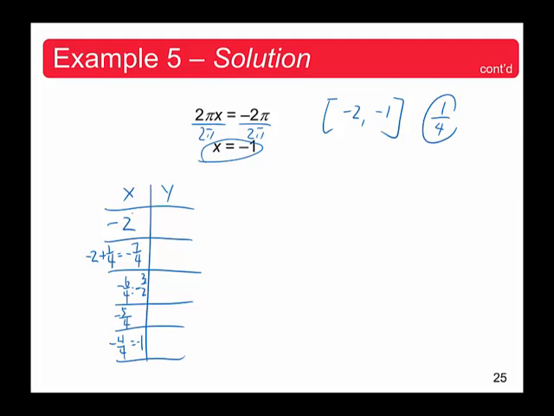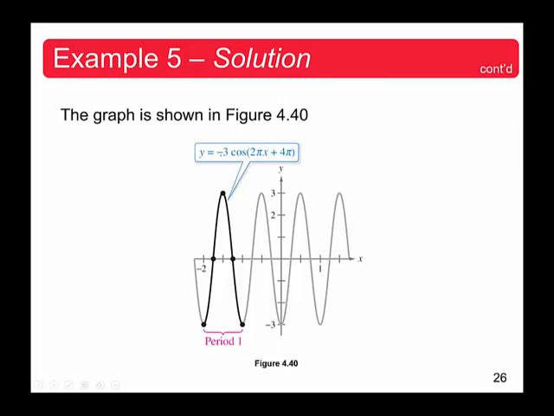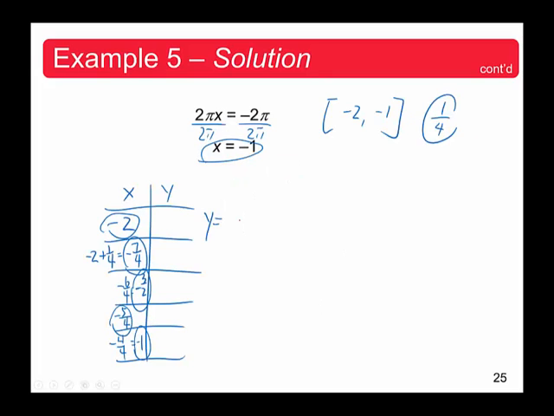So we're going to use these x values to come up with the y values. So y equals negative 3 times cosine of 2 pi x plus 4 pi.